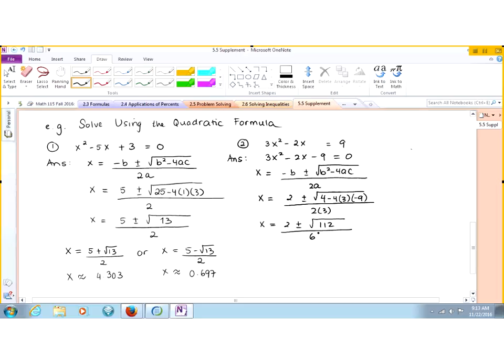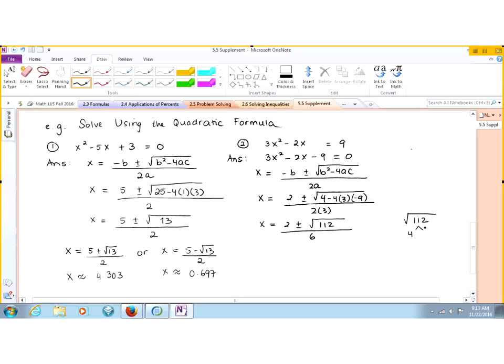How do we simplify the square root of 112? So, the square root of 112, what is this? Can I factor out the largest perfect square? Maybe 4? Is it 4, right? 4 times what? Come on, guys, you know this. 4 times, let me see, 28.